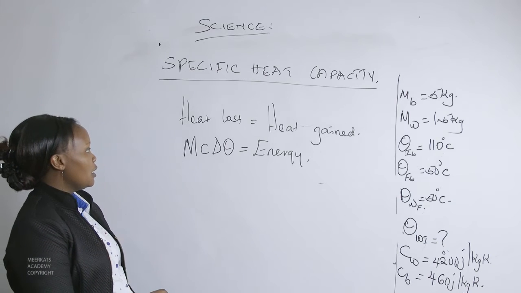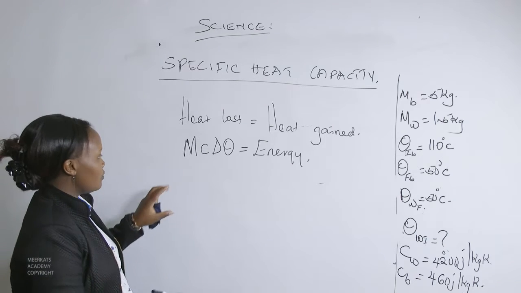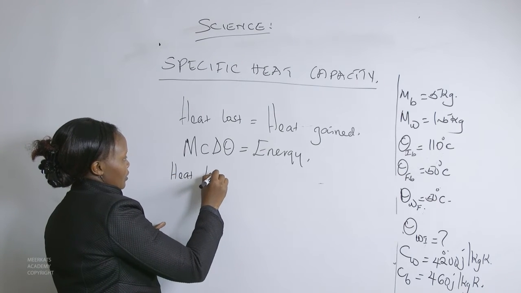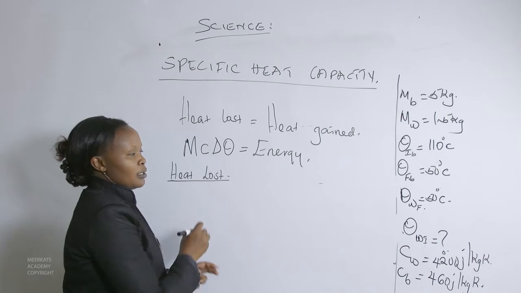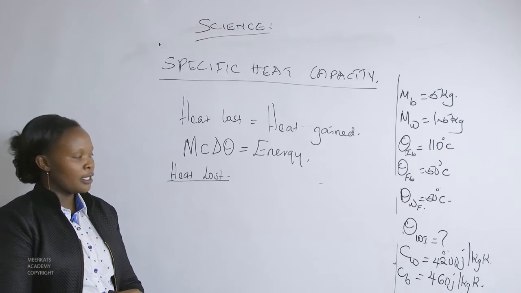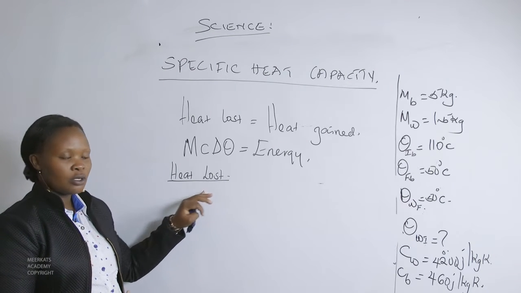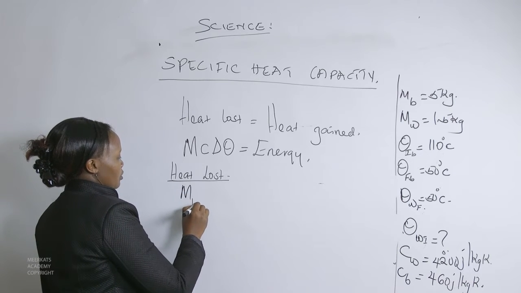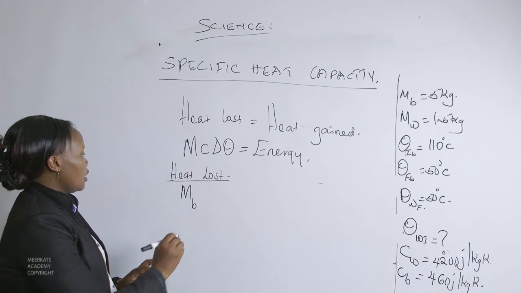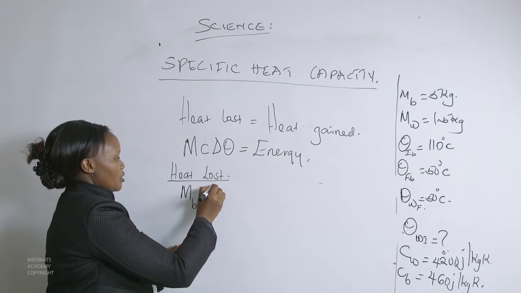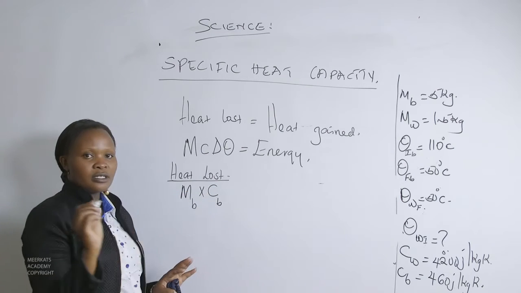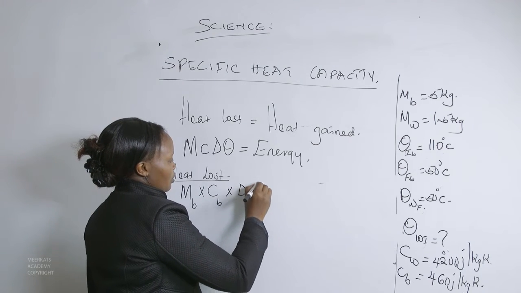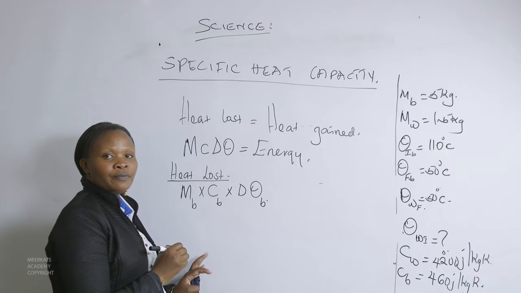Now, here we have heat lost. The heat lost, in this case by our block, will be given by the mass of the block multiplied by the specific heat capacity of the same block and the change of temperature of the block.